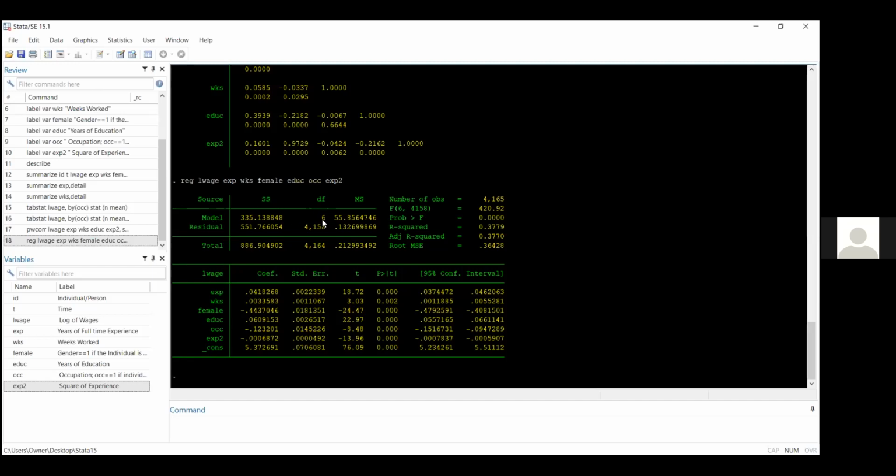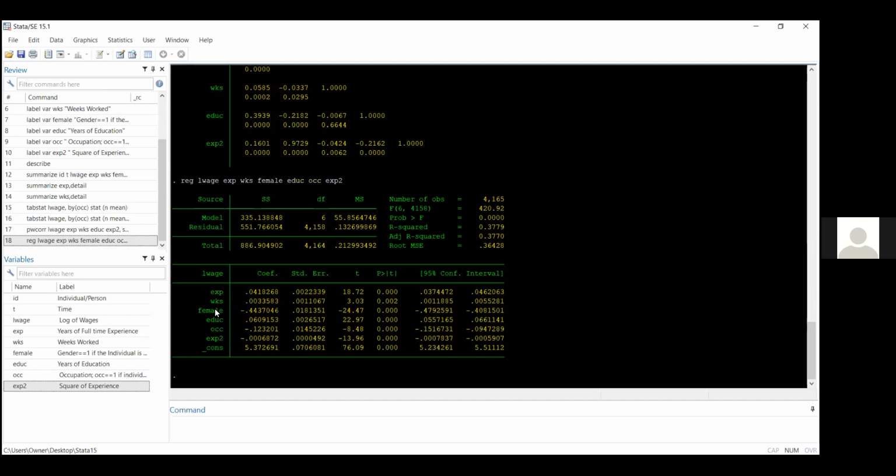I'm talking about 6 here. So K minus 1 is the degrees of freedom for the model, or the explanatory variables that you have put in your model. The total number of restrictions K is all your independent variables plus the constant.